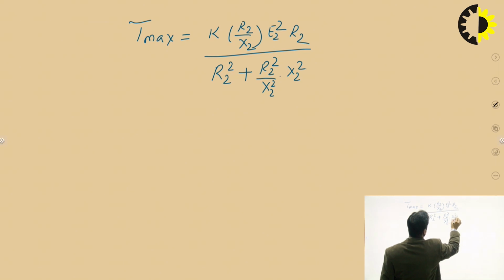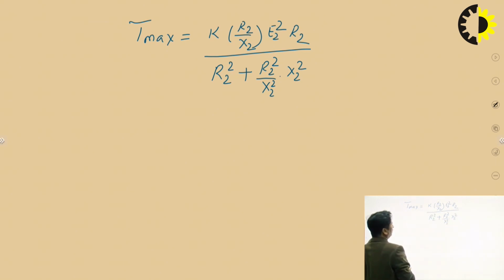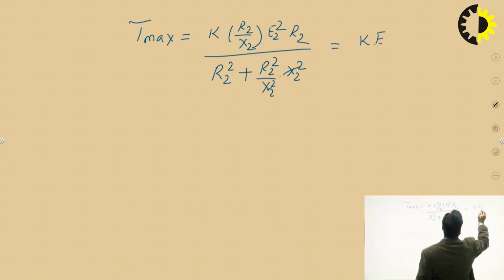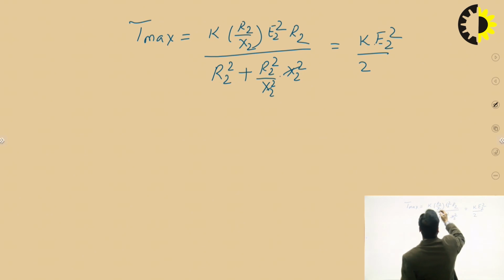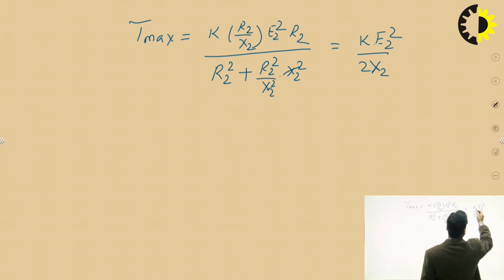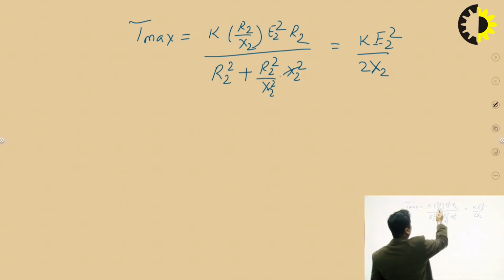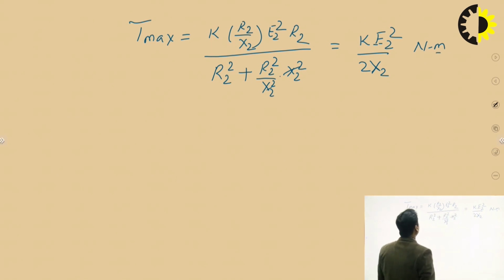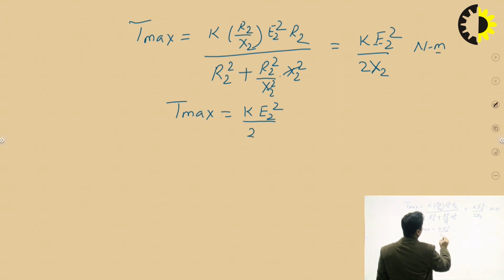When we put the value of S over there, this comes out to be twice R2 square, and R2 square will cancel out. So hence you can see that the maximum torque T max is equal to K times E2 square upon twice X2, in Newton meter.